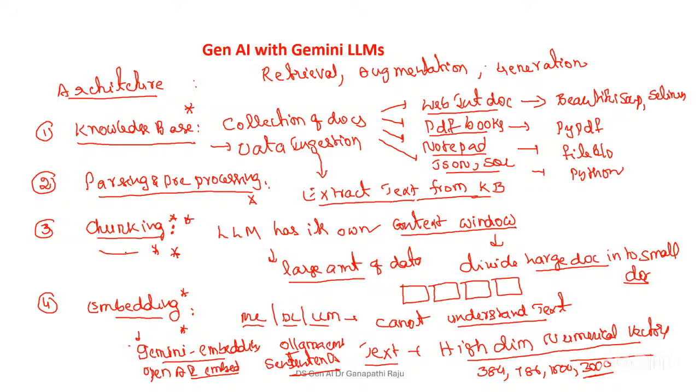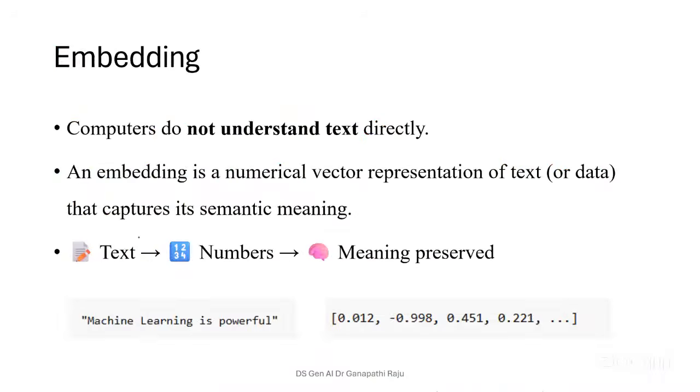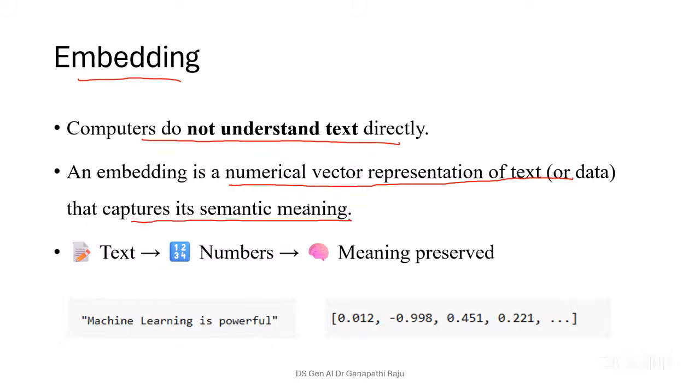Once chunking is completed, another most important point is embedding. Computers do not understand text directly. So embedding is a conversion of text data into a numerical representation that captures semantic meaning. We should not lose the semantic meaning. Our text data will be converted into numbers where meaning gets preserved.